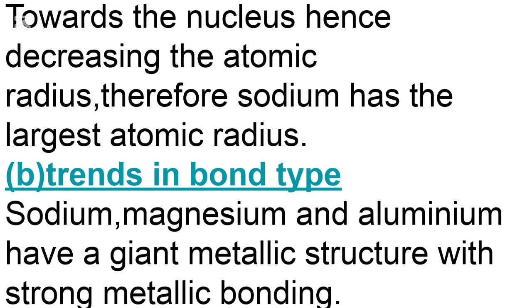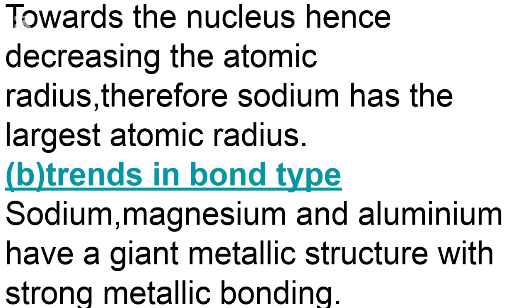So, according to the atomic radius, as we move across the period, there is an increase in the number of protons. That one you know. And that one increases the attraction between the nucleus and the outermost energy levels, making the atomic radius smaller as we move across the period.